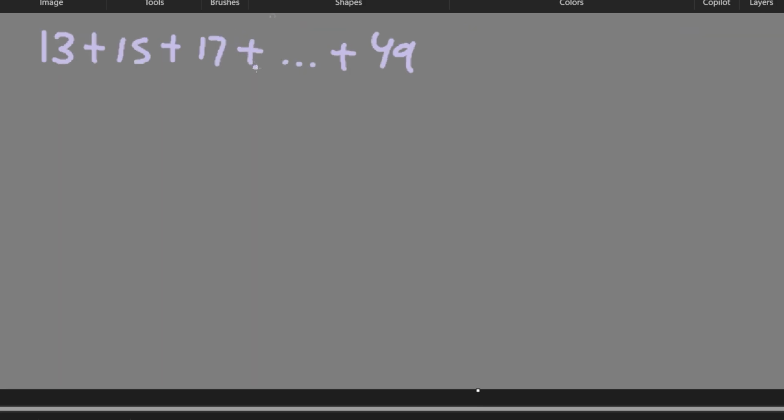Okay, so given this series, what is the sum of this series? So we can use our sequence formula, which is Tn is equal to T1 plus n minus 1 times the common difference.